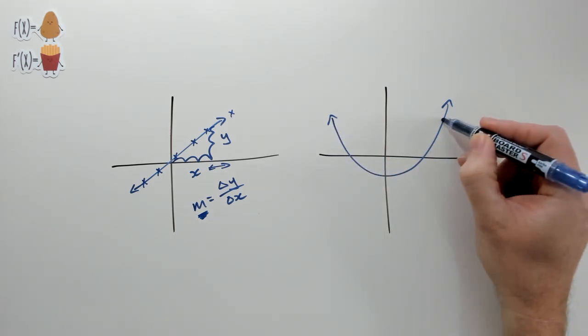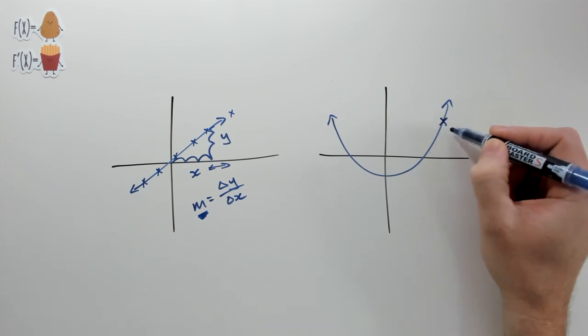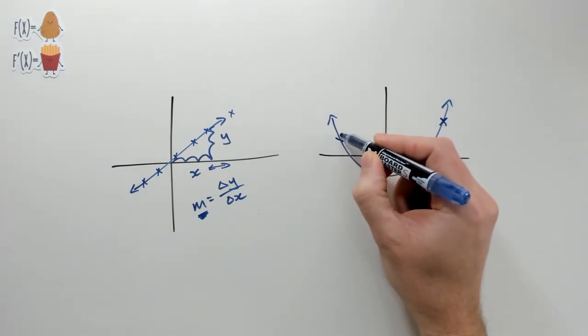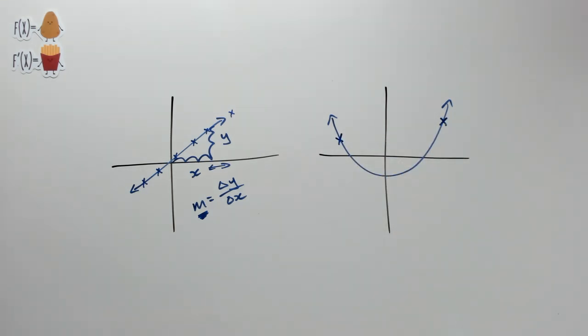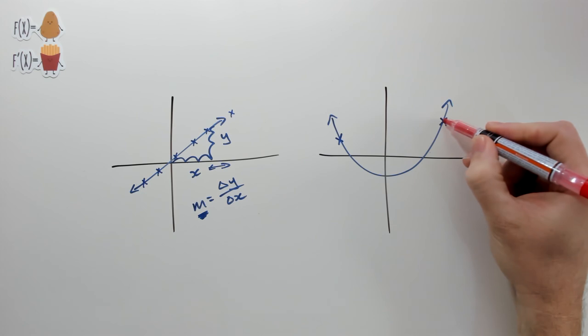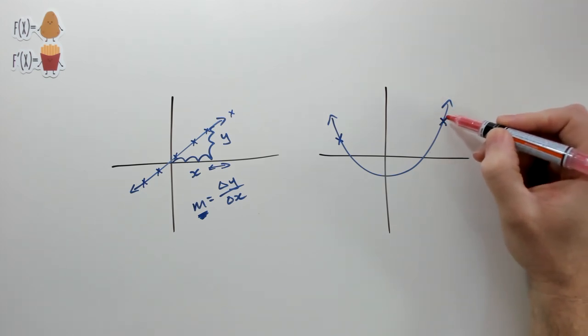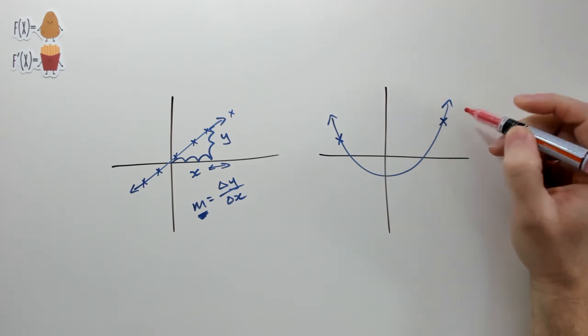If I look at this line over here and the line over there, let's start with a simple basic thing. If I wanted to find the rate of change here, I zoom in and zoom in.